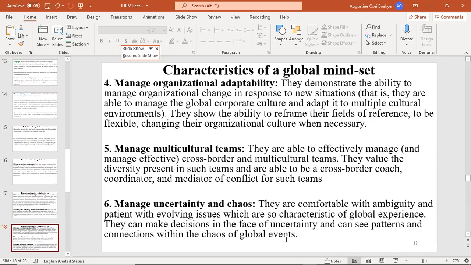So you can liken this one to tolerance level for ambiguity. That is the uncertainty avoidance continuum that we did under Hofstede's cultural dimensions. Such people tend to score low when it comes to uncertainty avoidance, which means their tolerance level for risk-taking, uncertainty or chaos is high.